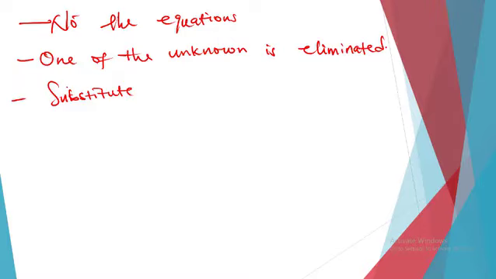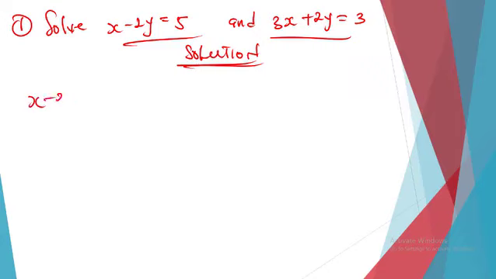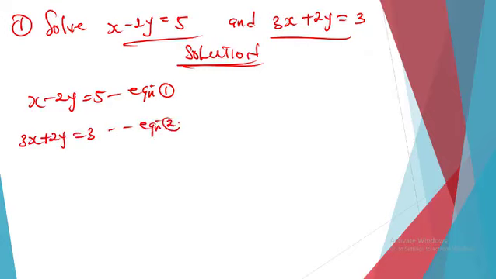Let's take an example. We have question number 1 on the screen. Solve x minus 2y equals 5 and 3x plus 2y equals 3. We start by numbering: x minus 2y equals 5 is our equation 1, and 3x plus 2y equals 3 is our equation 2.